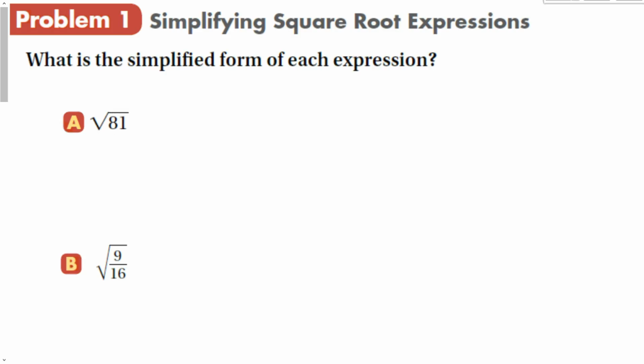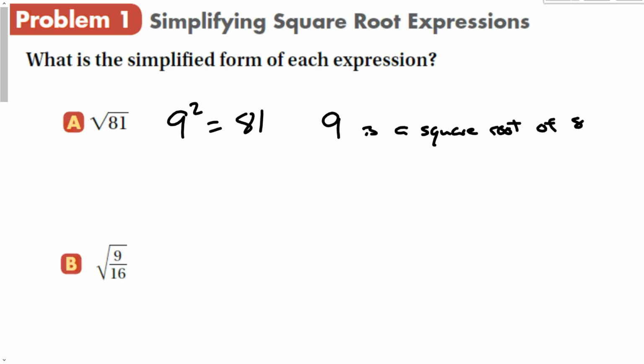So what times itself gives me 81? Well, 9 squared. 9 times 9 is 81. So 9 is a square root of 81.